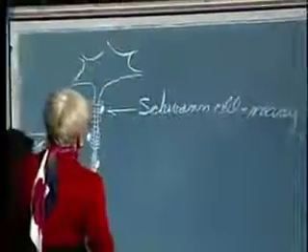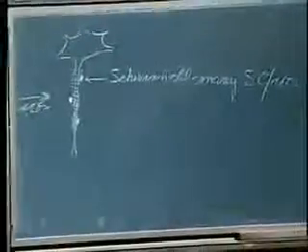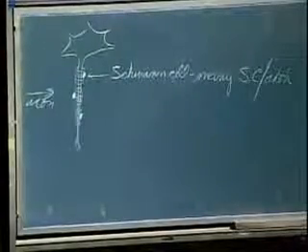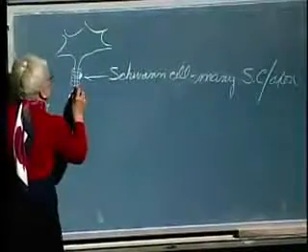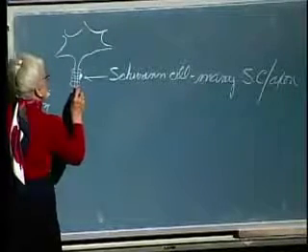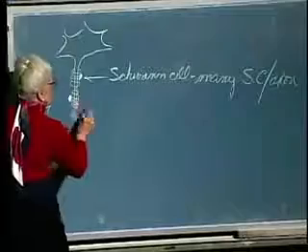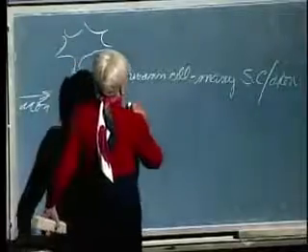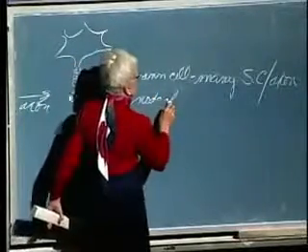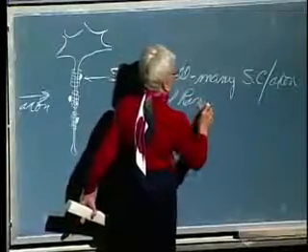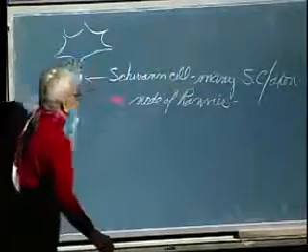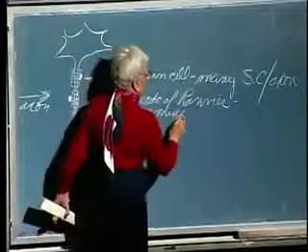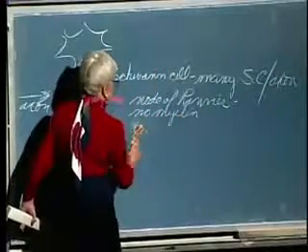Now the distance between the Schwann cells is a very important area. On the nerve fiber here, this distance which has no myelin is referred to as the node of Ranvier. Node of Ranvier. And there's no myelin. It's just the gap between myelin cells.